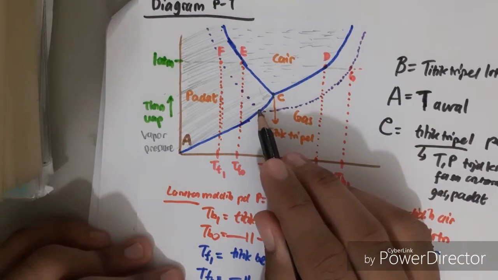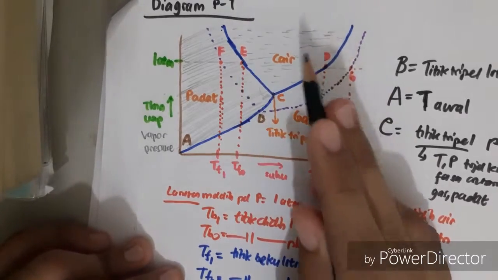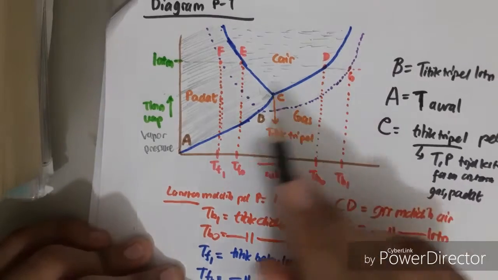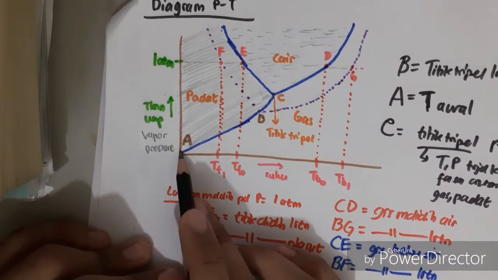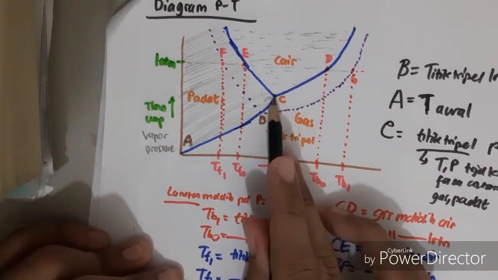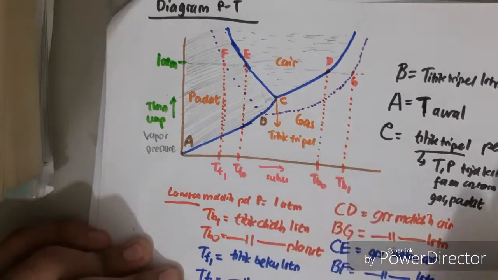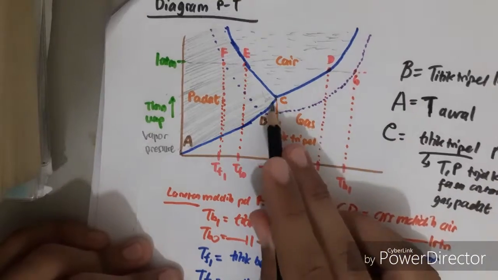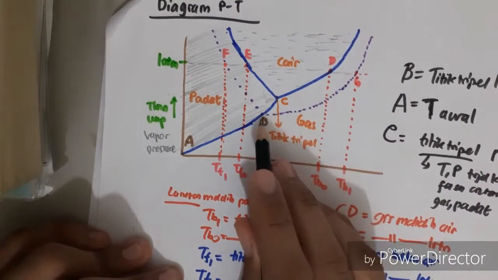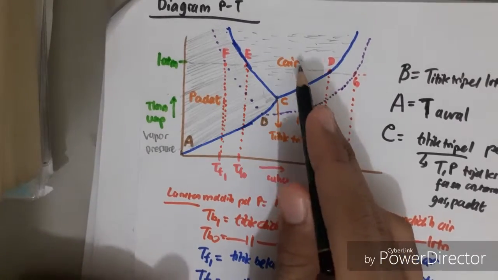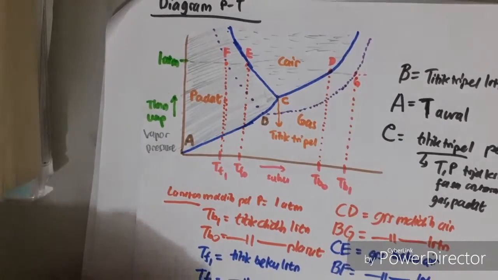So the water here could be solid, liquid, or gas. So it is a unique point. A is the initial temperature. C is the triple point for the solution. What I could say is the equilibrium phase between liquid, gas, and solid.